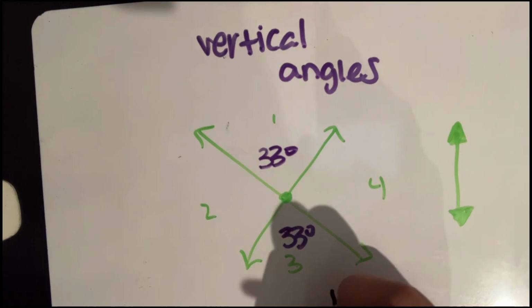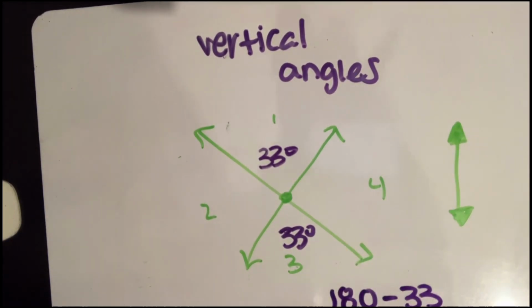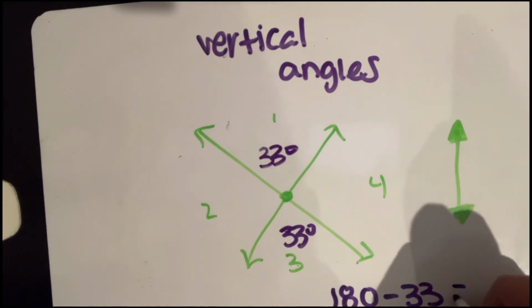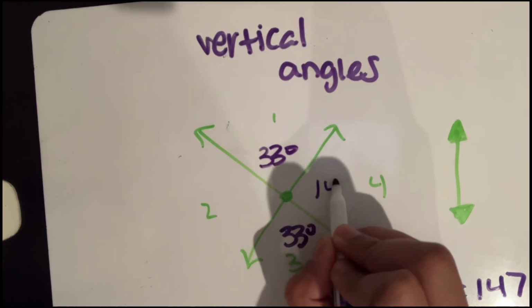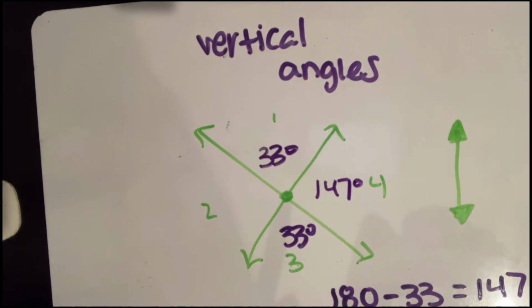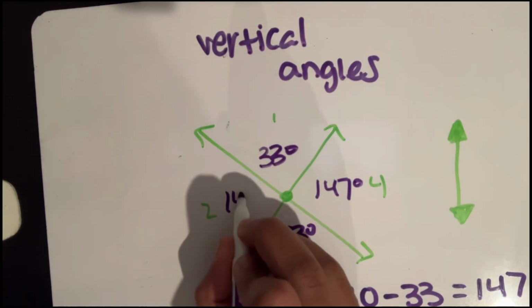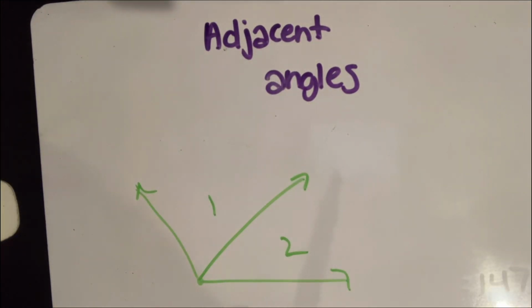So we're going to subtract 33 from 180, which equals 147. So angle 4 equals 147 because it's a straight angle. So what would angle 2 be? 147, because they're congruent.